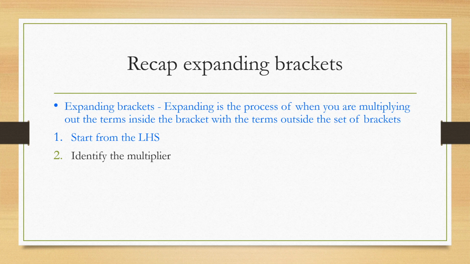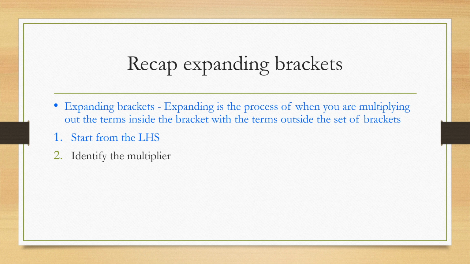But what you need to understand is the multiplier is either side of the brackets. Most of the time, it's best practice to start from the left-hand side because it's a starting place. You always start from the left-hand side and you know where to start from. But the multiplier can be either side, so you can move the multiplier in front of the set of brackets or behind the set of brackets, but you can't move it inside the set of brackets. So that's the difference.